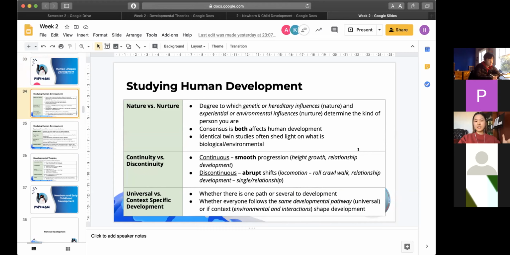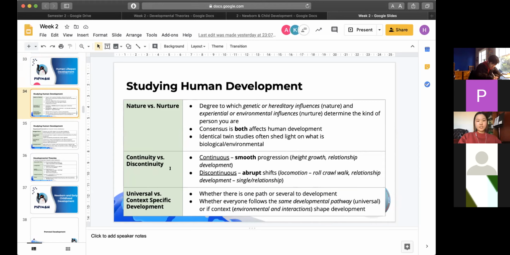Consensus is that both will affect human development. And to figure out what's an actual environmental influence, often people will conduct identical twin studies, which help differentiate between what's biological and environmental.